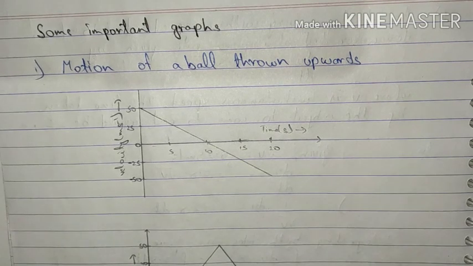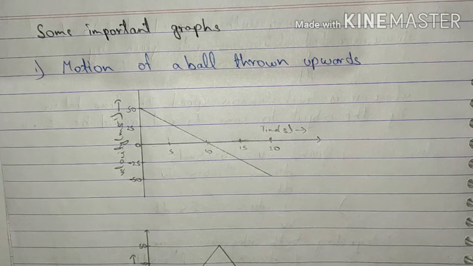What happens after the ball attains the maximum height? It starts coming down due to the gravitational acceleration of the earth, and again its velocity increases from 0 value. And as in the numerical section itself, I told you that ultimately before reaching the point where it started its motion from, it will attain the same velocity.